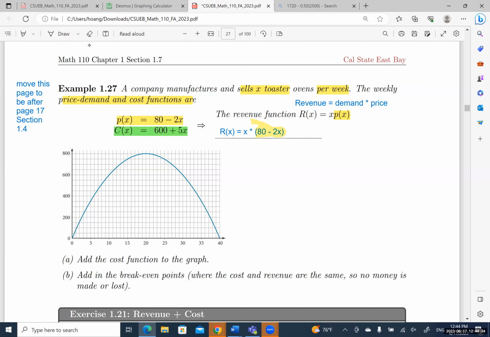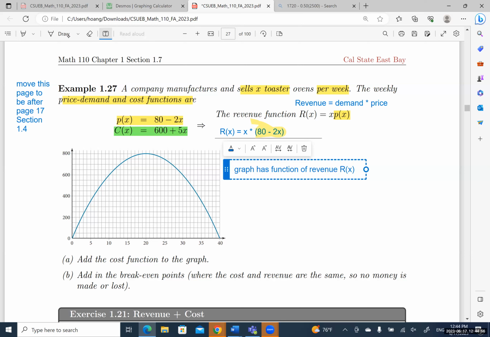So the graph right now is actually giving us the revenue function of x there, right?